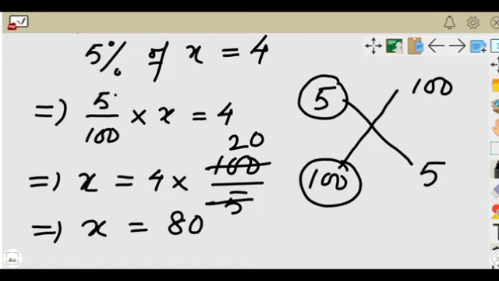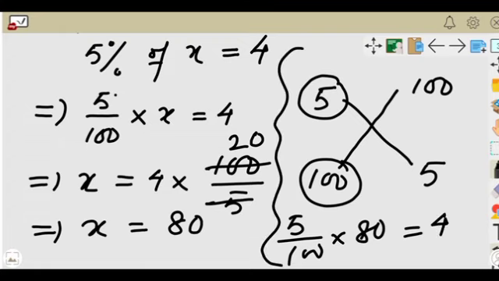So what we understand here is we have 80 students. There are 80 students who participated in the competition. The question says that 5% is 4. Yes, definitely. When you find 5% of this 80, you will definitely get 4. So this is what the question is talking about. So now we have got the answer. Let's give the conclusion properly.